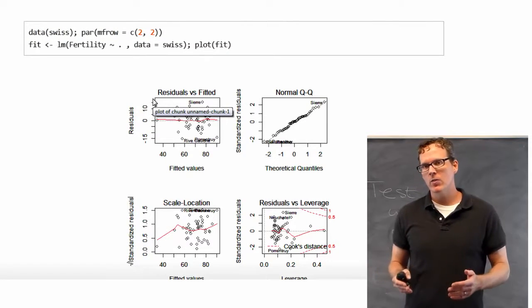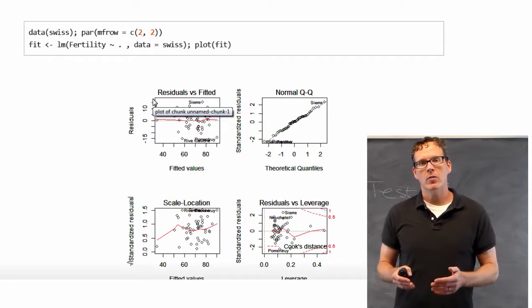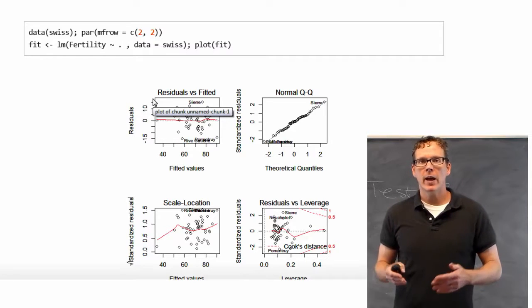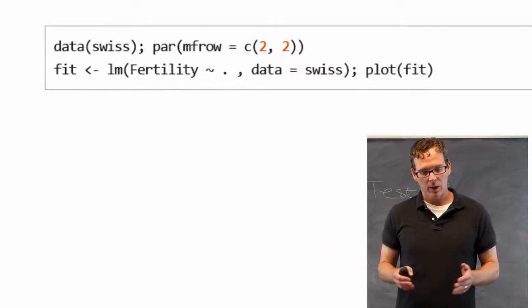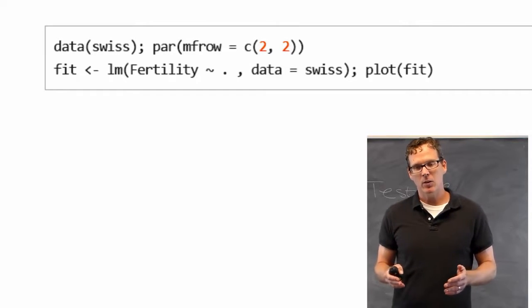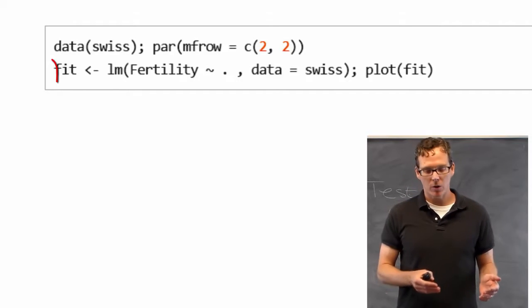So it's very easy in R to get a plot of your residuals and several plots that measure aspects of model fit and lack of model fit. So let's load up the dataset Swiss, and let's go ahead and fit the linear model that includes all of the terms.